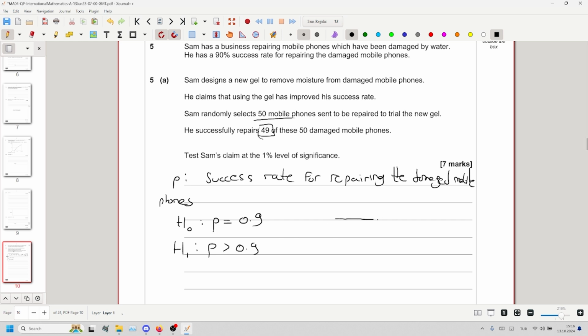So if we draw the number line of the values our binomial distribution can take, we can see that the critical region is going to be somewhere in the upper end, and we're going to have to find if our x value lies within this critical region, or if it lies in the acceptance region.